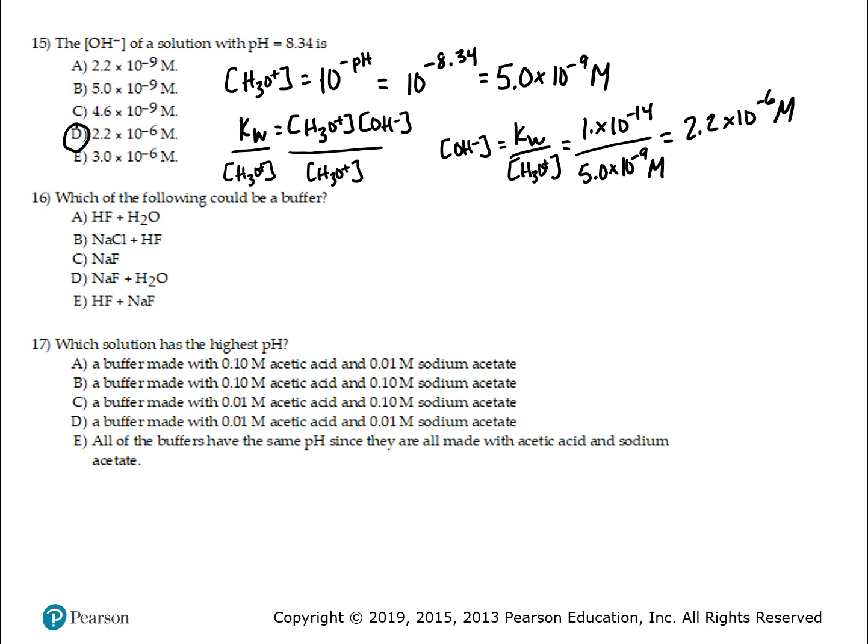And if we think about pH, that makes sense. A pH of 8.34 is going to be basic, so it's going to have a concentration of hydroxide that is greater than 1 times 10 to the minus 7 molar. That's another way you can check your calculator answer to make sure you're on the right track.